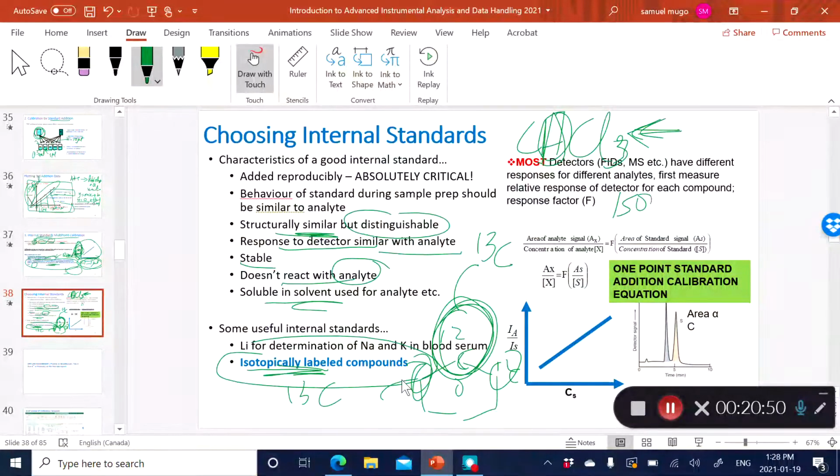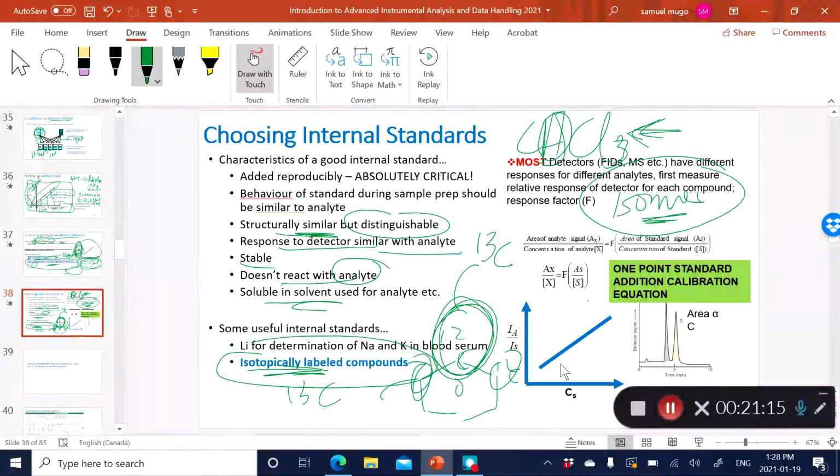You can decide to use a structural isomer, say, of your analyte. That's another acceptable internal standard in the event that you cannot afford it or it's not available to buy an isotopically labeled compound as your internal standard. So I hope it's fairly clear.